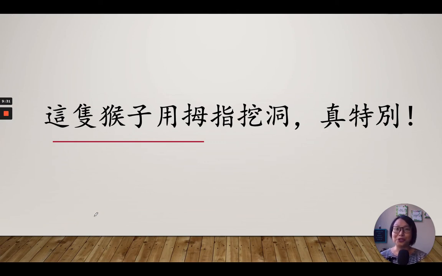The first word I have is this word, 拇. And the word 拇 pairs up with the word 指. These two words, 拇指, together means our thumb.